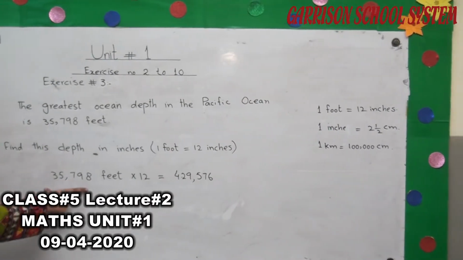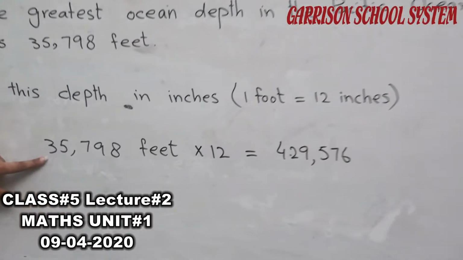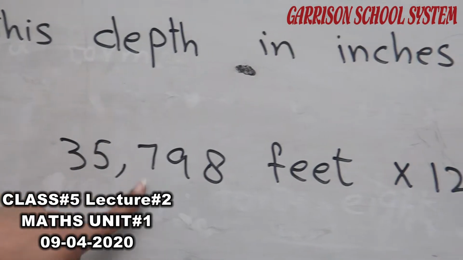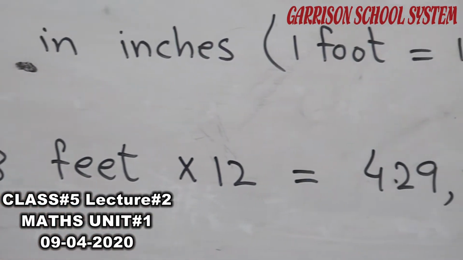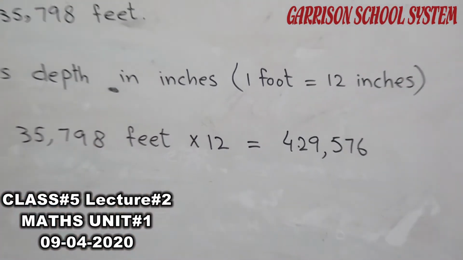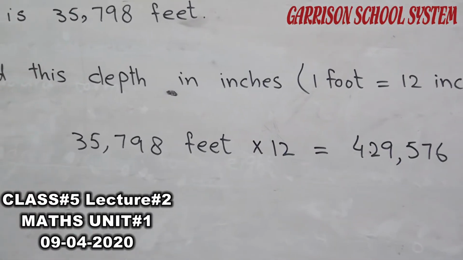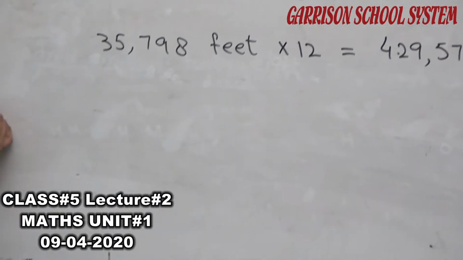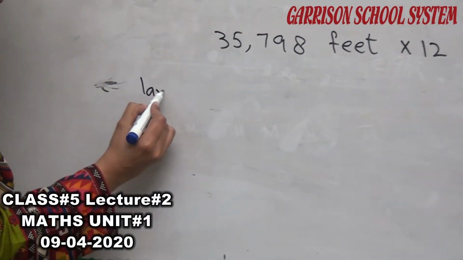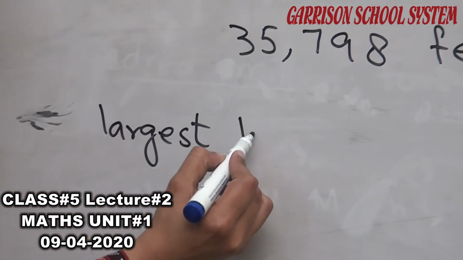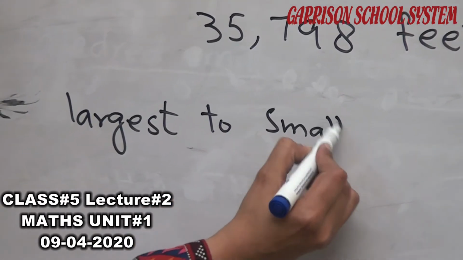Similarly, look here. I have written 35,798 feet and here I have written 12. So when we convert feet into inches, it means largest to smallest unit.